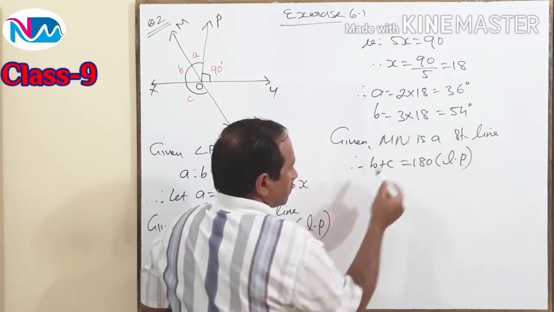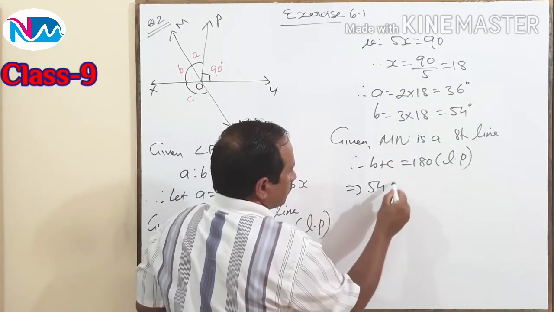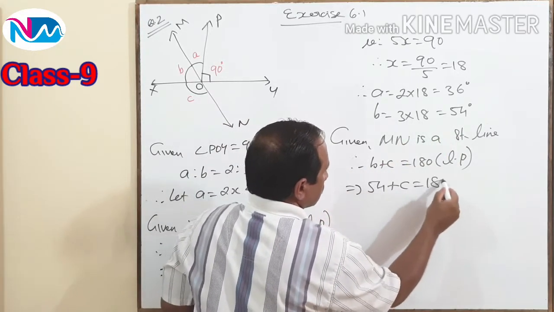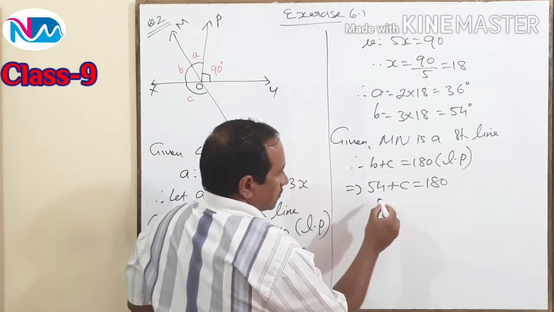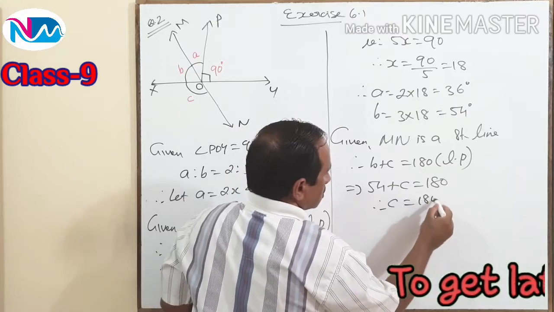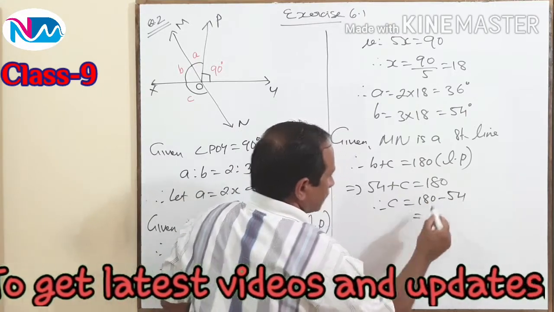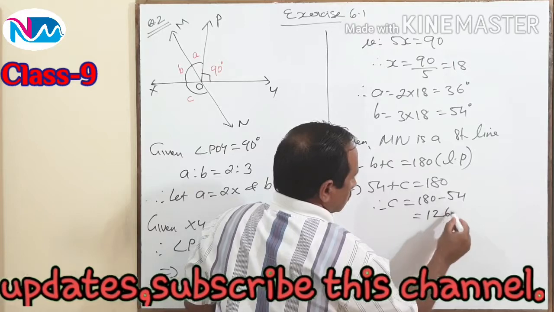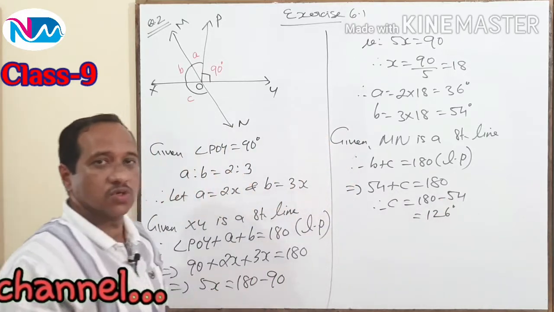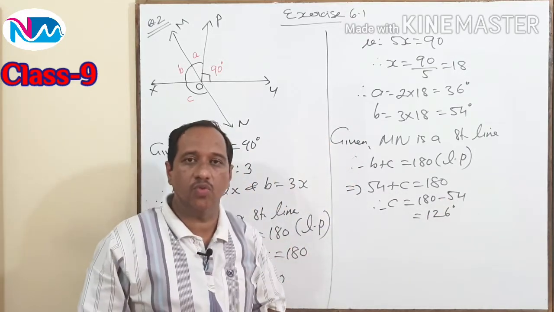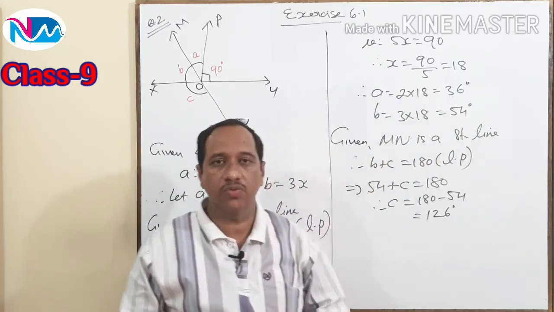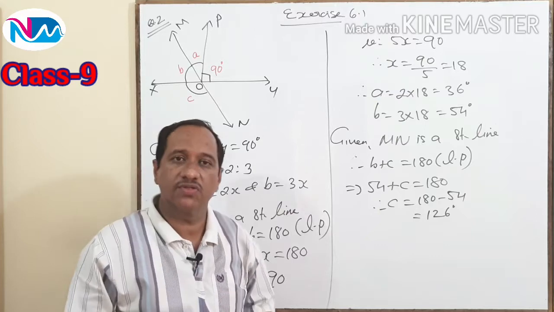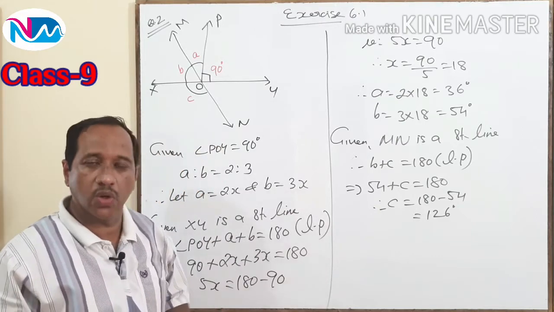Here b is equal to 54, so 54 plus c is equal to 180. Therefore, c is equal to 180 minus 54, which is equal to 126 degree. So the value of c is equal to 126, a is equal to 36 and b is equal to 54. So this is the solution of question number 2 of exercise 6.1.